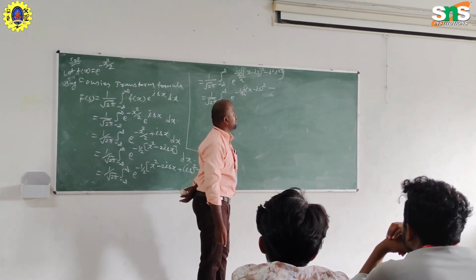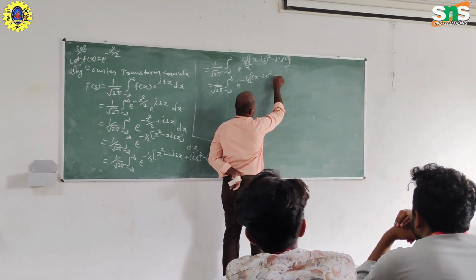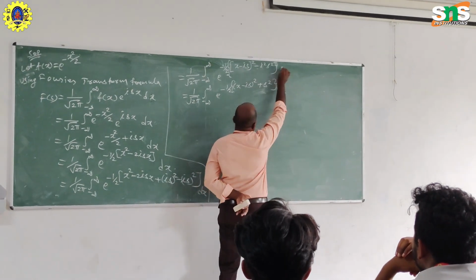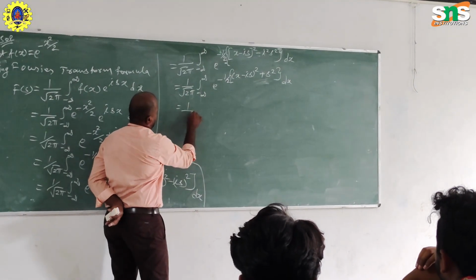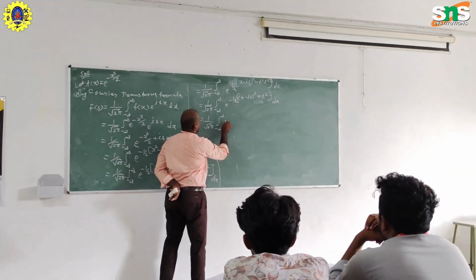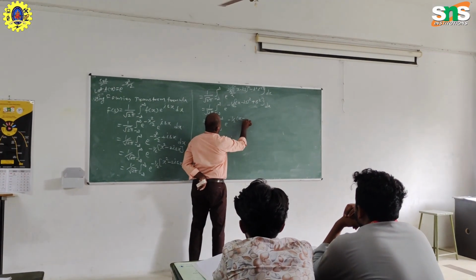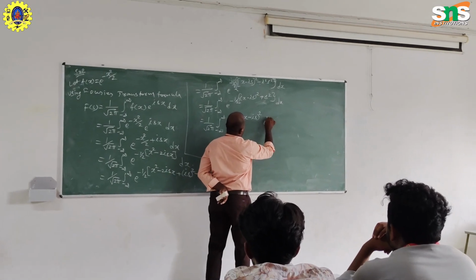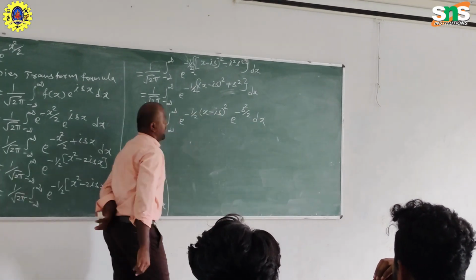I square value is minus 1, so minus into minus plus s square into dx. 1 by root 2 pi integral minus infinity to plus infinity e power minus 1 by 2 x minus is the whole square into e power minus s square by 2 into dx.